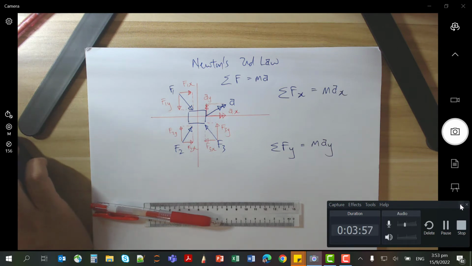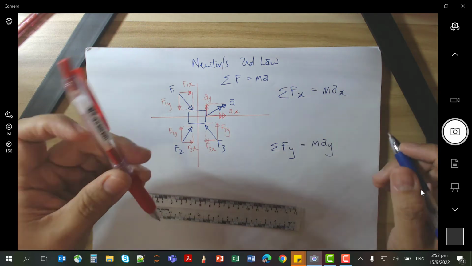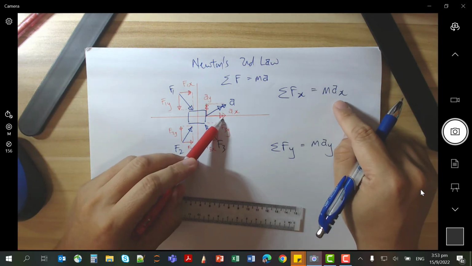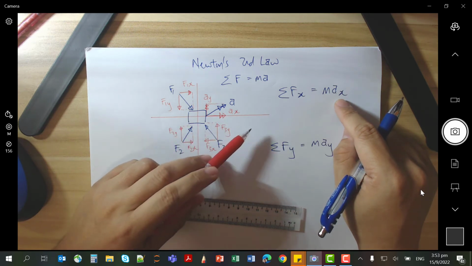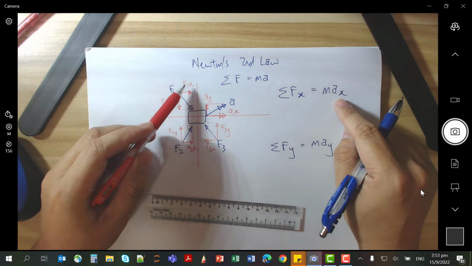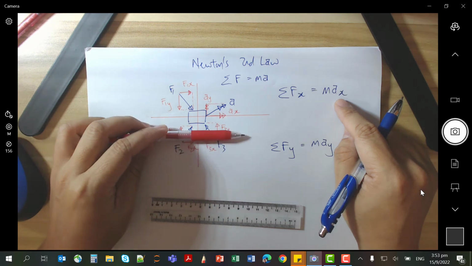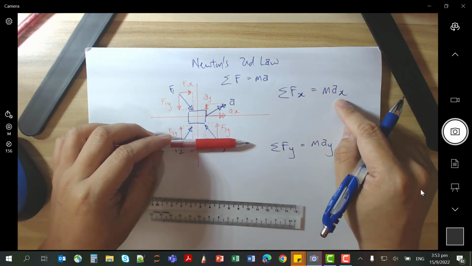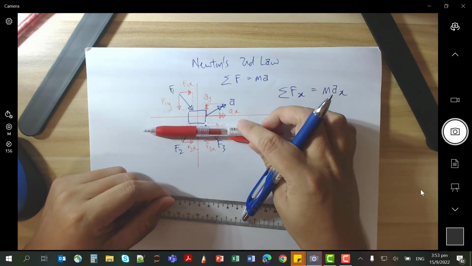And let's look at how you are going to write out the forces here. First of all, you look at the direction of ax. ax is pointing from left to right. This means that any horizontal force that is pointing from left to right will be a positive component, and any horizontal force pointing the opposite way will be negative.